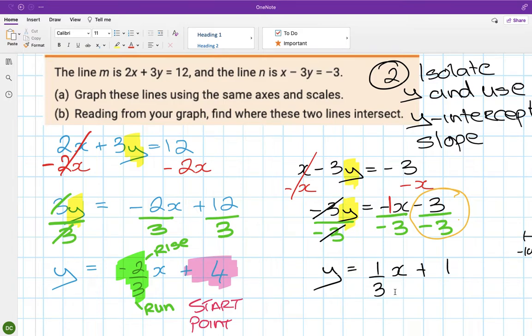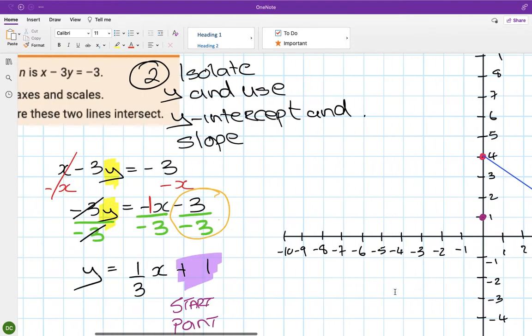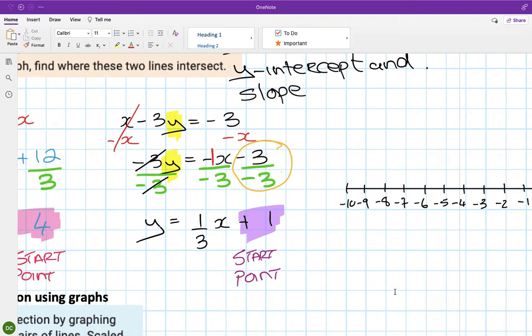So again, here is my start point for that line, which is 1. I'm going to use my purple and put my 1 in there. And then my slope this time, I'll do blue. So I've got my rise and my run.